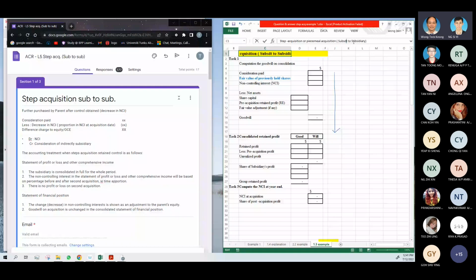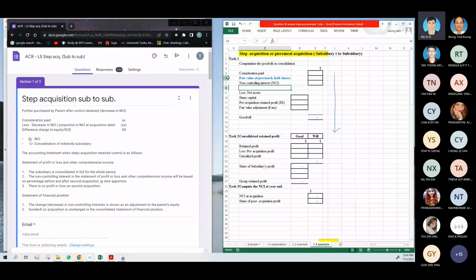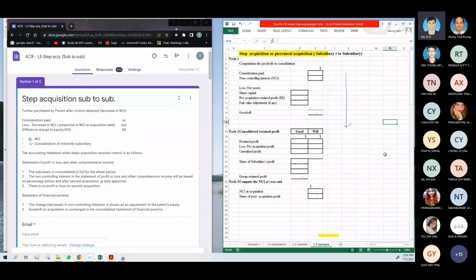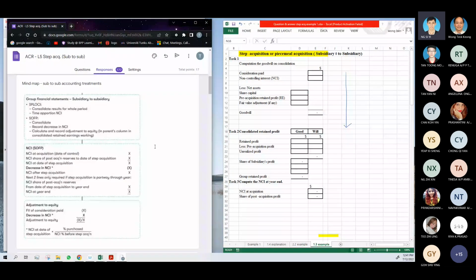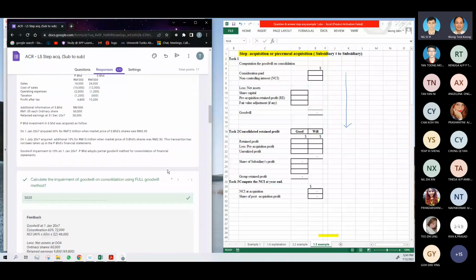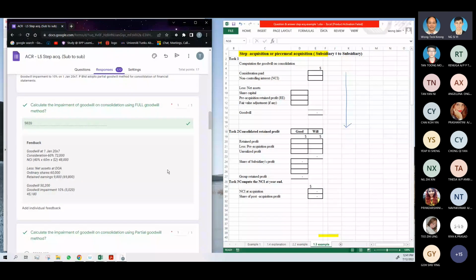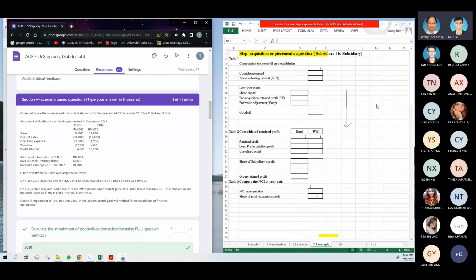Then you do have the fair value of previously held interest, but we just hide this. Goodwill impairment, using the full goodwill method. So first of all, we draw a simple group chart like the one I was showing here.